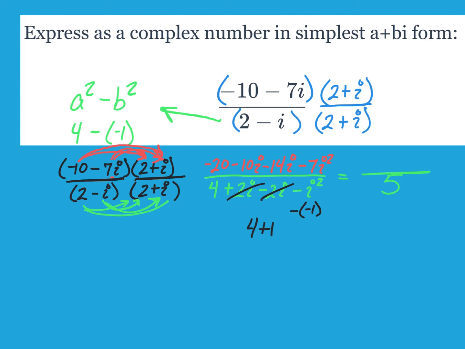Now let's take a look at some like terms. We've got i's here. Negative 10 and negative 14 together make negative 24i.